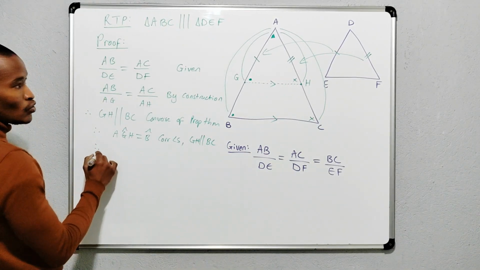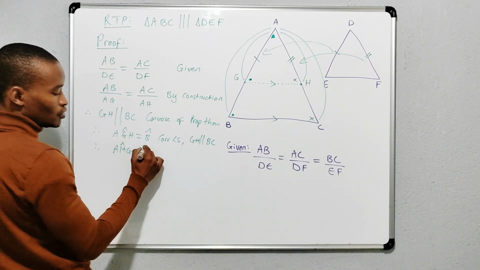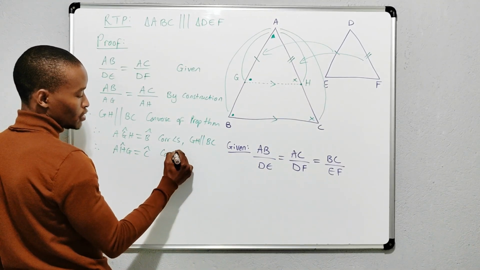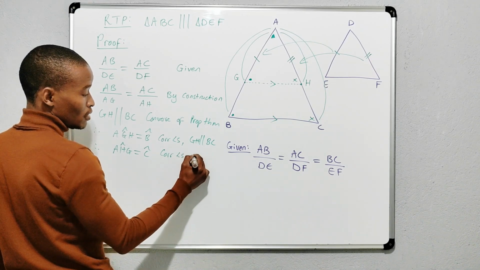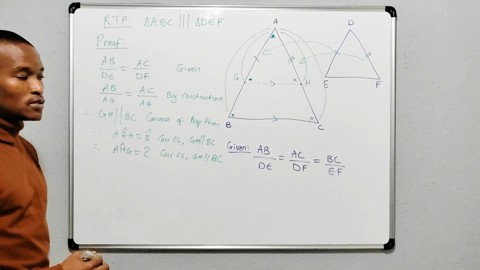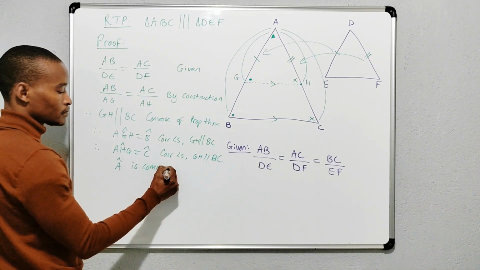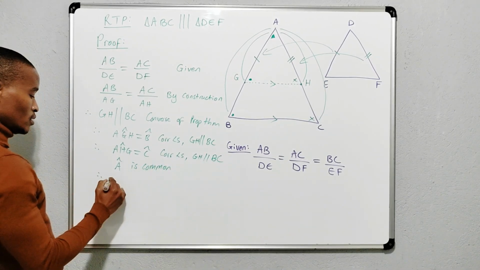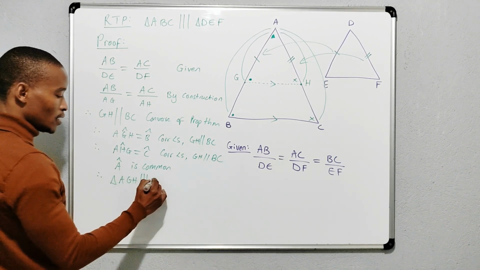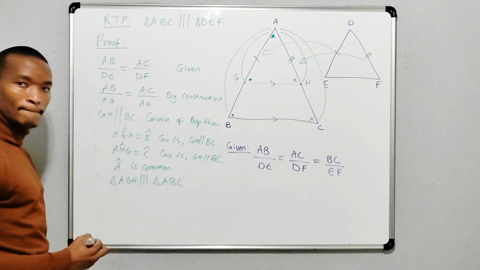And also we have that angle AHG is equal to angle C, by corresponding angles, and GH being parallel to what? BC. Angle A is common. Therefore, triangle AGH is similar to triangle ABC.